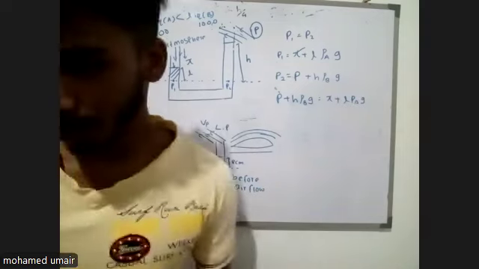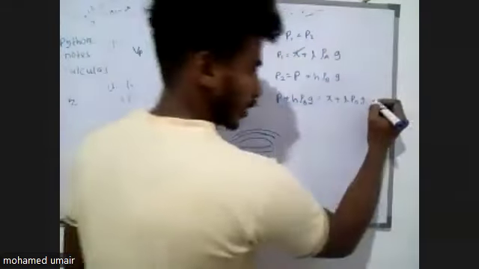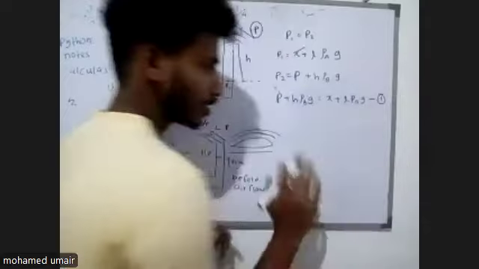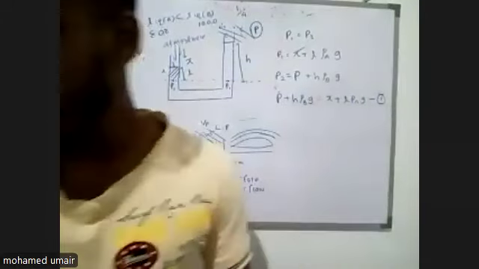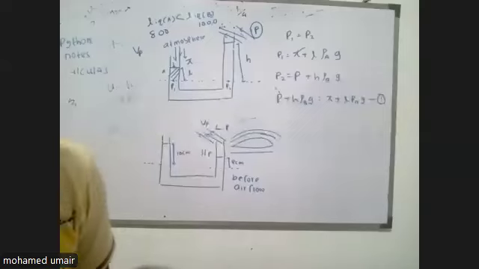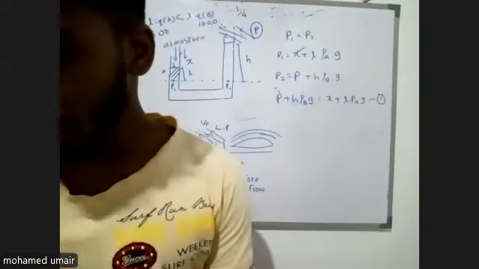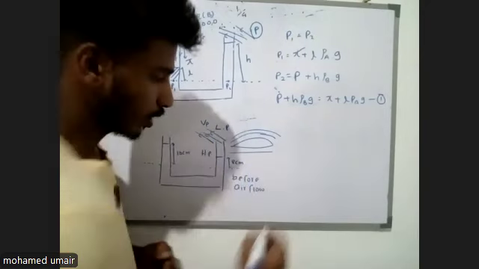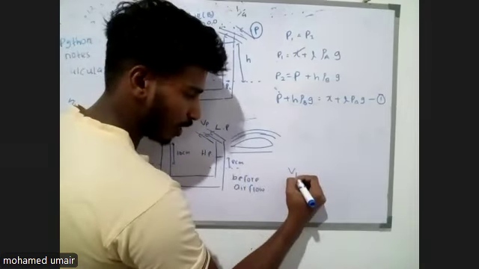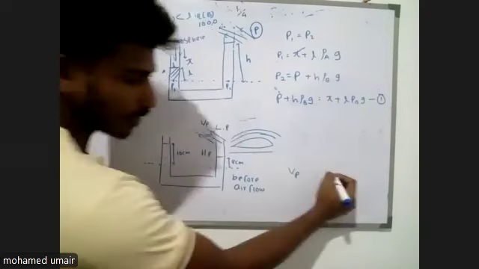Okay? So with your known information, you are able to write somewhat of an equation. Now let's think about the other part. In the question, they are asking you the relationship between Vp and the height of the liquid.